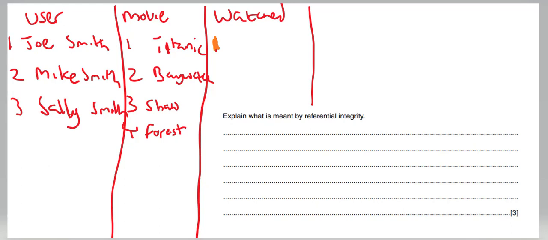Let's put these in different colors. So movie ID could be in blue, and keep that in red. We could have Joe Smith, who's watched The Shawshank Redemption.